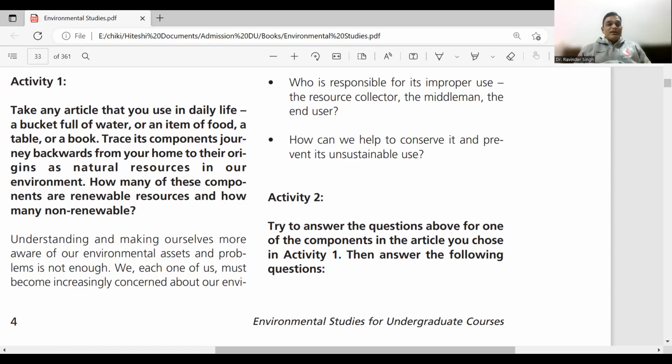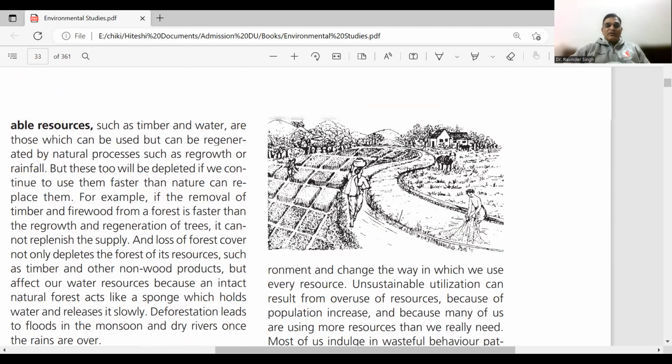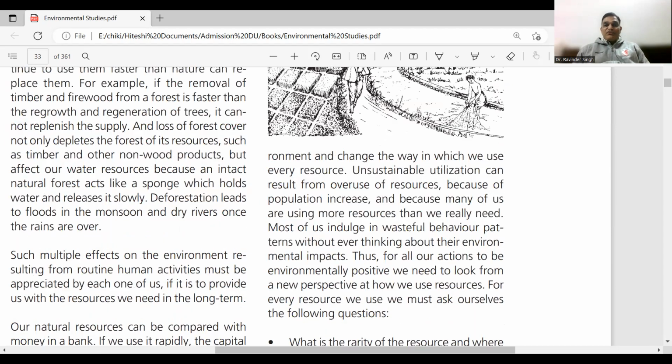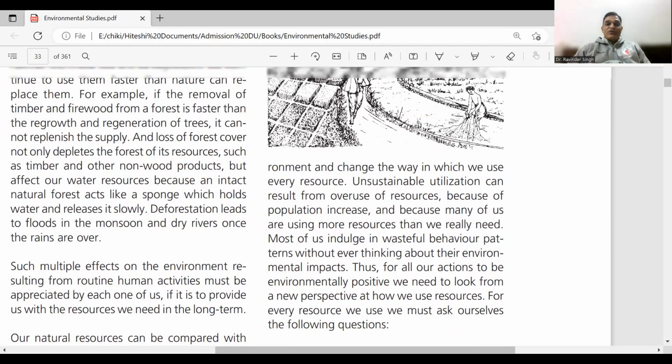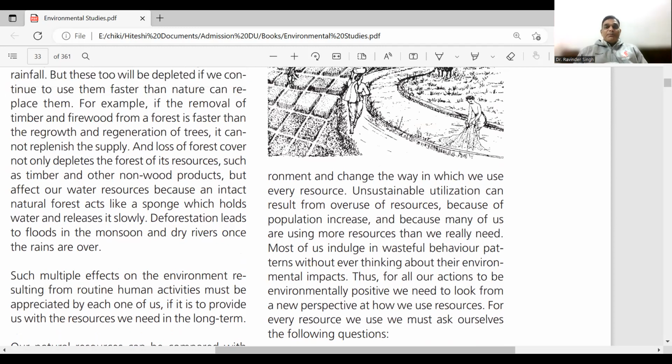Understanding and making ourselves more aware of our environmental assets and problems is not enough. We, each one of us, must become increasingly concerned about our environment and change the way in which we use every resource. Unsustainable utilization can result from our use of resources because of population increase and because many of us are using more resources than we really need.